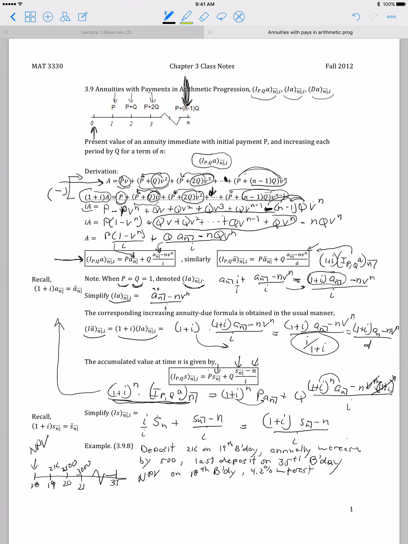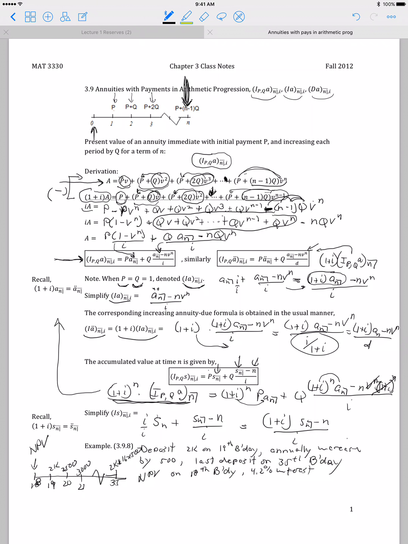Well, let's see. On my 35th birthday, if I take 35 minus 18, that's 17. So I have 17 deposits. Therefore, I have 16 increases. So I'm going to have 2,000 plus 16 times 500 will be my last deposit. I think that's 10,000. You can check it and see.